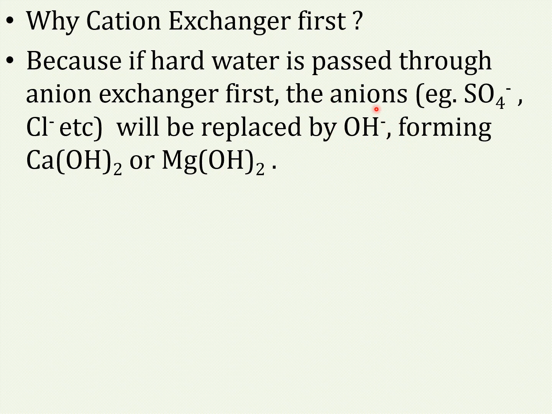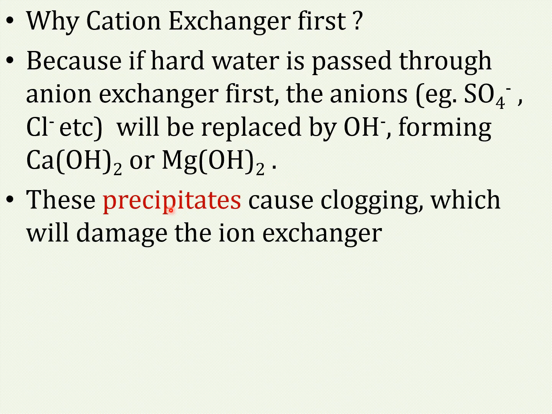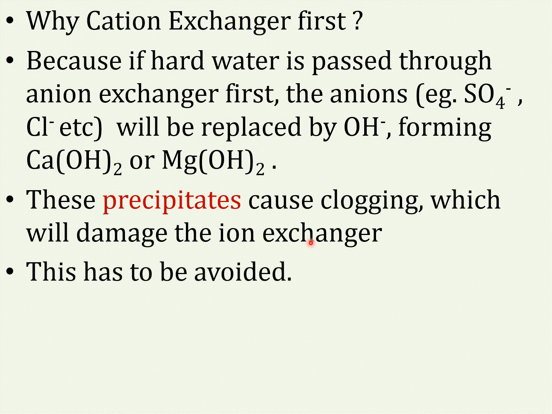And at this stage, the water will have OH minus and the hardness causing cations like magnesium or calcium. Then what happens? Both of them will react together, forming calcium hydroxide or magnesium hydroxide, which are insoluble in water. That is, they will form precipitates causing clogging of the equipment, and that will damage the ion exchanger. And that is the reason.